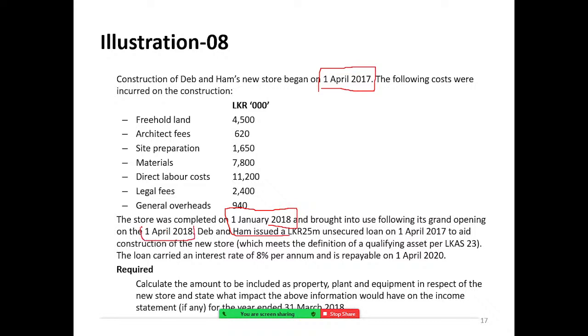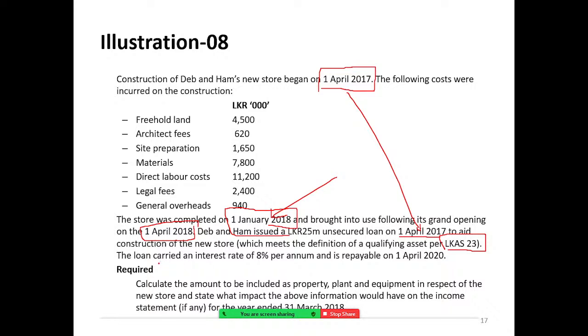They issued an unsecured loan on 1st of April, at the time of starting the project, to aid the construction of the new stores, which meets the definition of a qualifying asset, LKAS 23.